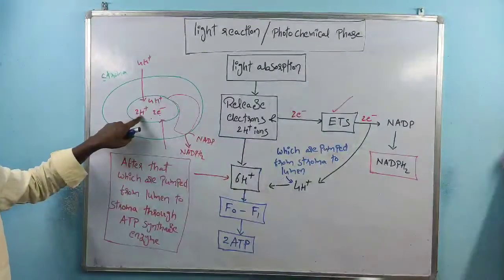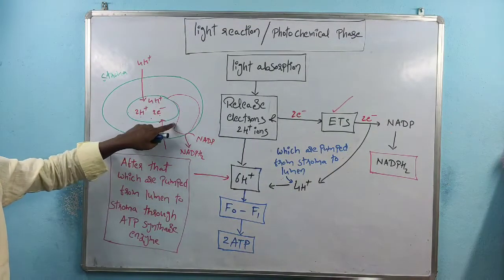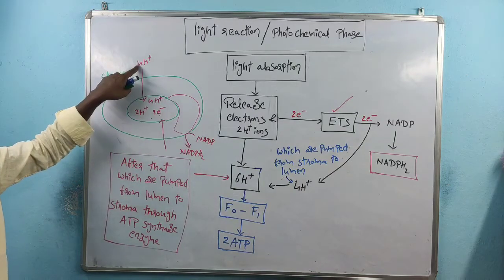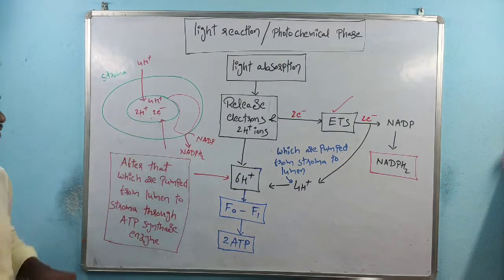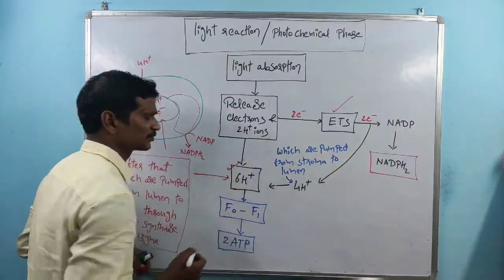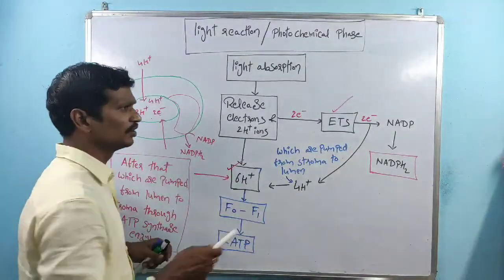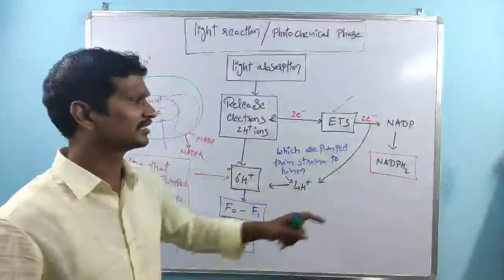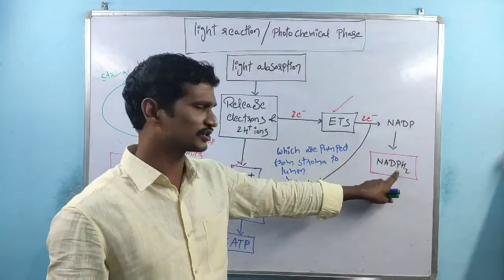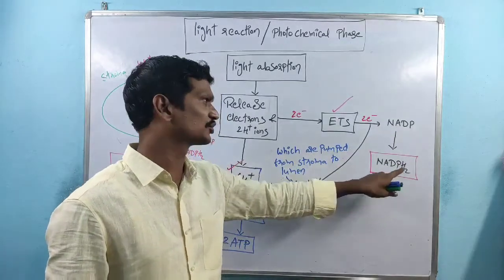After that, when these 2 electrons are involved in the electron transport chain, 4H plus ions are transported from stroma to the lumen. The total is 6H plus ions. At the end of the electron transport chain, NADP is converted into NADPH2.